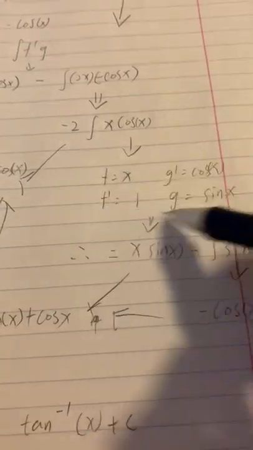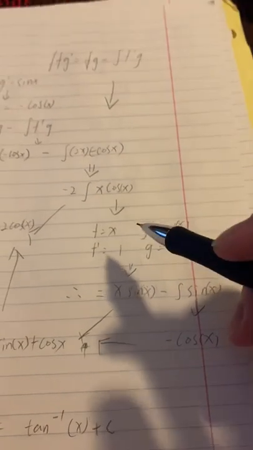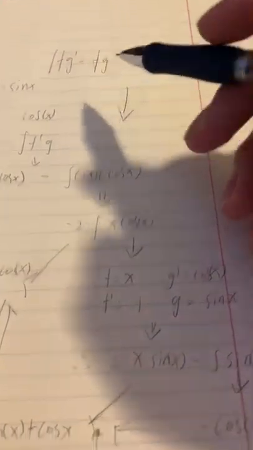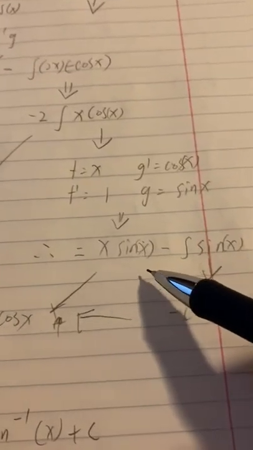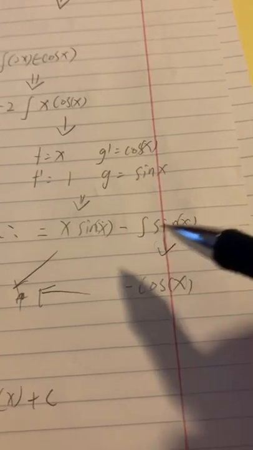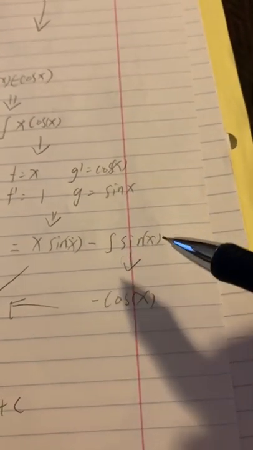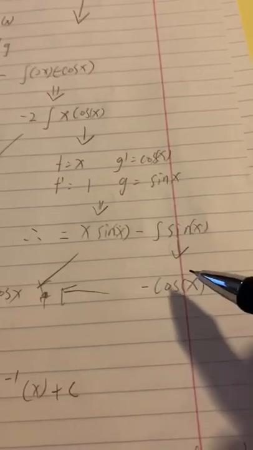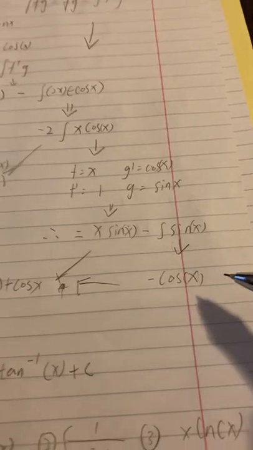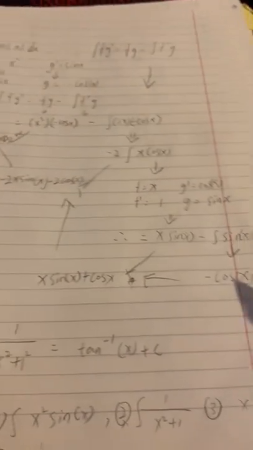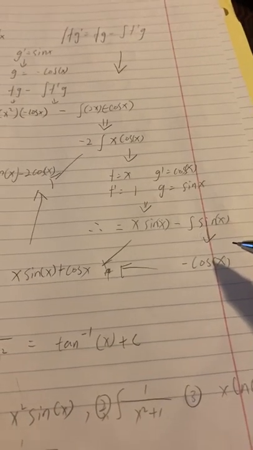So we fill in this formula and get x sin x minus the antiderivative of sin x, so we get cosine x. Now every detail is ready for the plug-in.